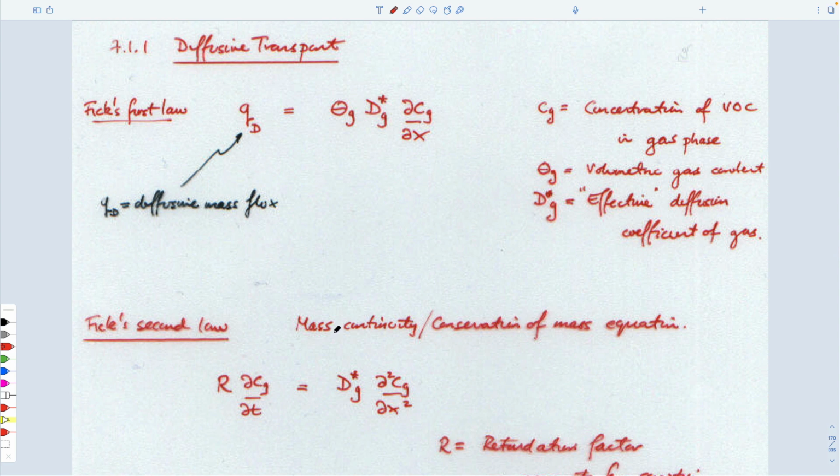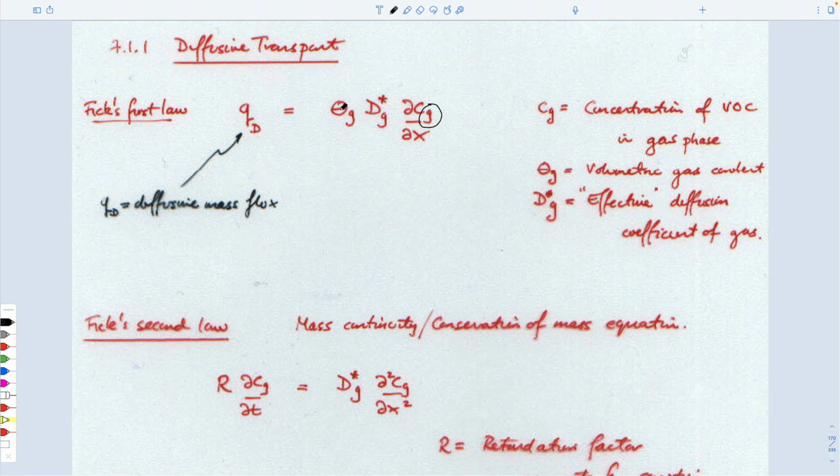So if we're talking about diffusive transport, we've already talked about Fick's law. I guess this is Fick's first law, that the diffusive mass flux is proportional to the concentration gradient of the gas, which is present within the pores, multiplied by the proportion of the pathway, which is the air-filled portion of the vadose zone, or the unsaturated zone.